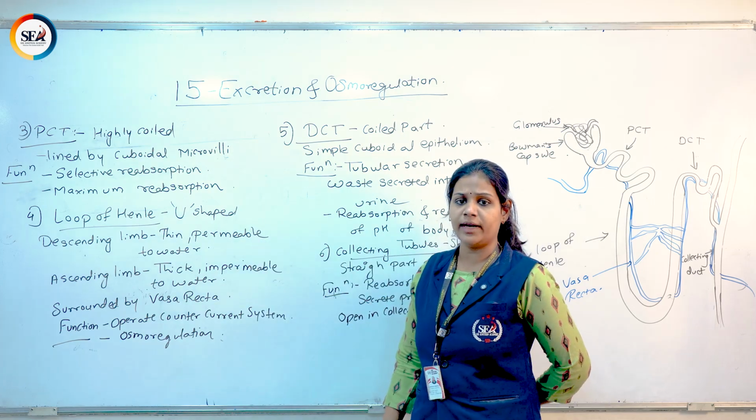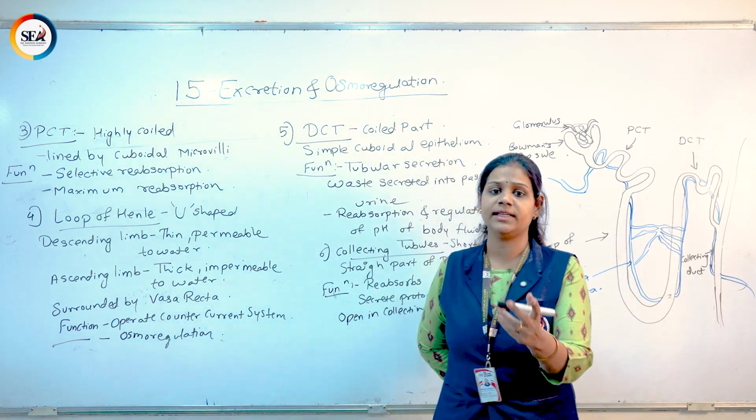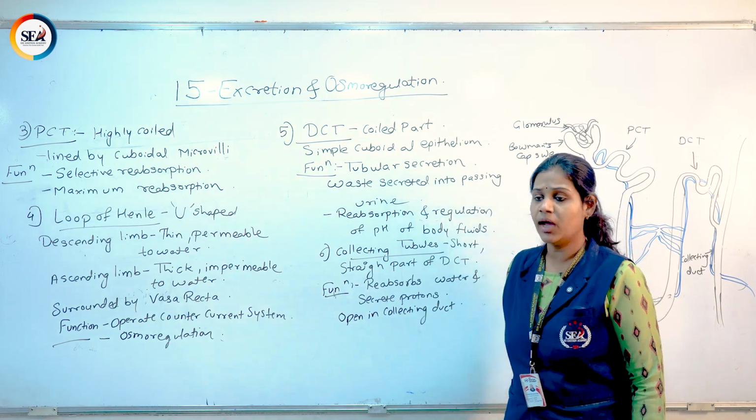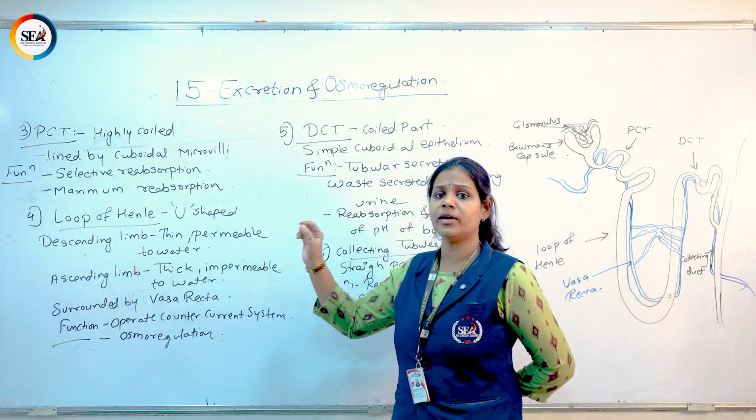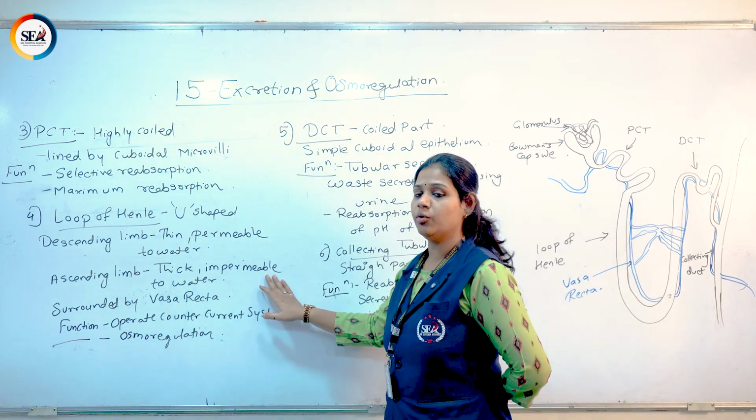Fourth part is the loop of Henle. Loop of Henle is a U-shaped structure which has two limbs. One is the descending limb and other is the ascending limb. The descending limb is thin walled and permeable to water, while the ascending limb is thick walled and impermeable to water.